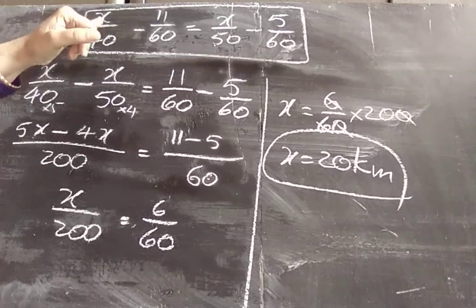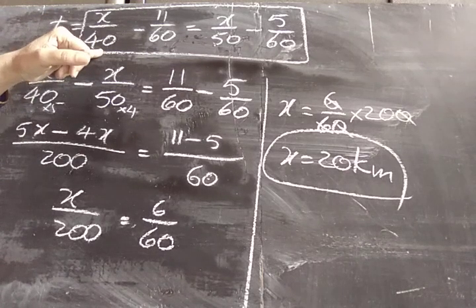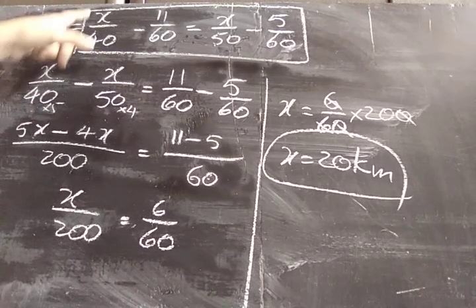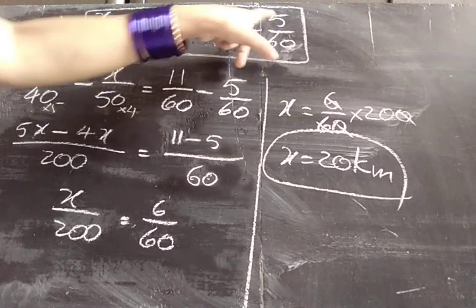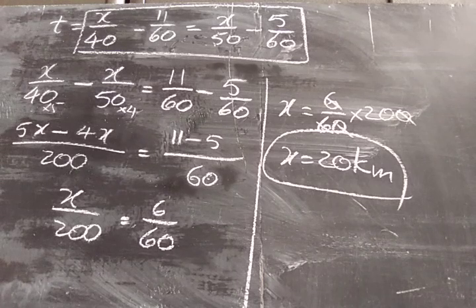So we will get the equation: X by 40 minus 11 by 60 is equal to X by 50 minus 5 by 60. Now, while solving this, we will get X is equal to 20, then distance is equal to 20 kilometers. Understood?